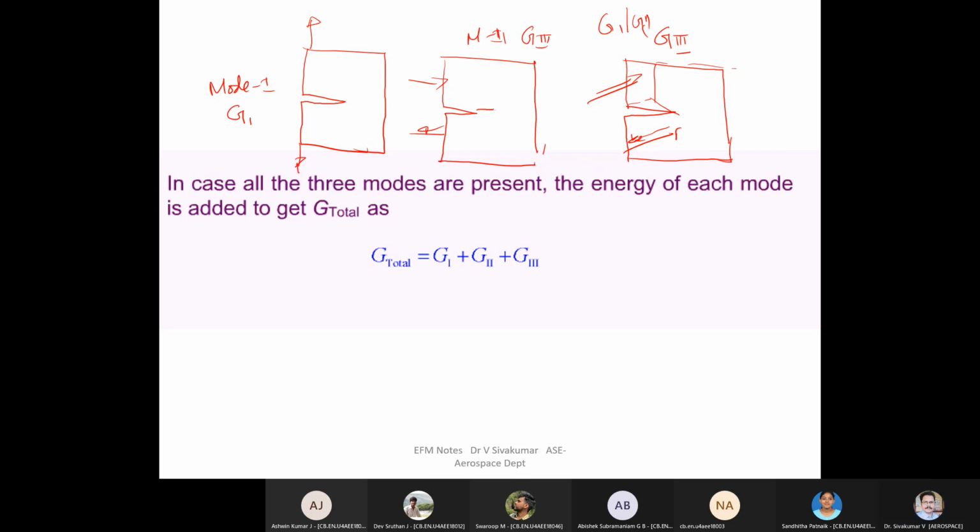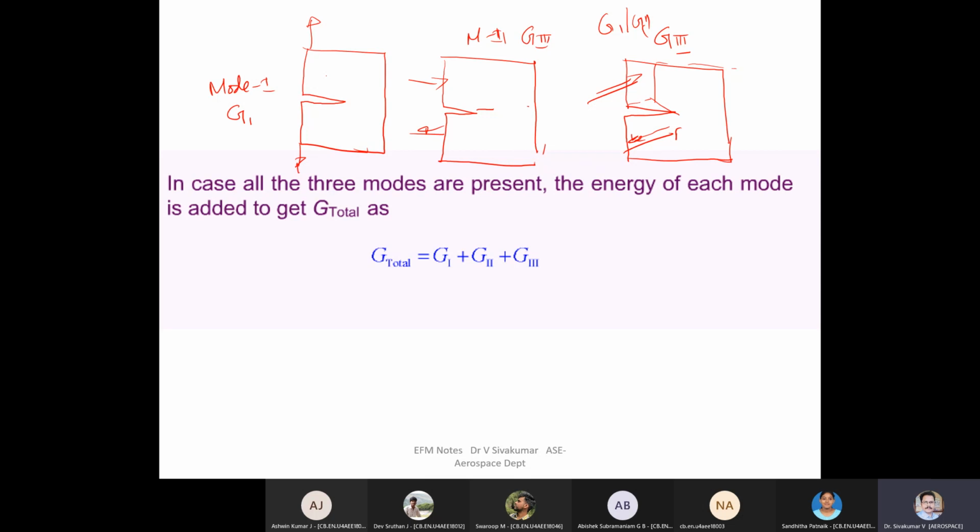But from a practical point of view, such pure scenarios are very limited, because in practice we don't know where the flaw may be. It may be in any direction inside the material.